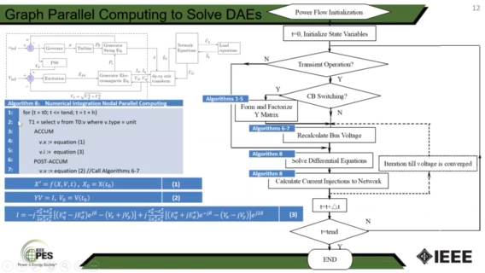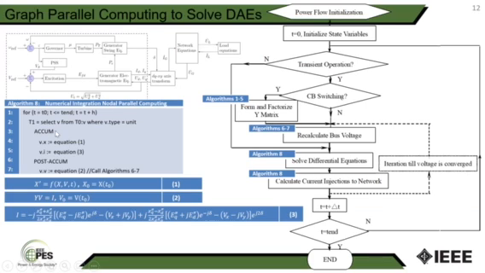In algorithm 8, it's parallel computing for numerical integration. Basically, we use select queries and use ACCUM and POST-ACCUM. Those are special keywords for graph computing.